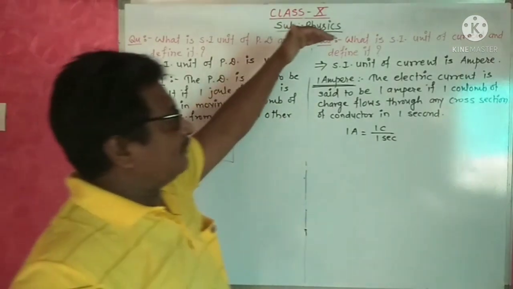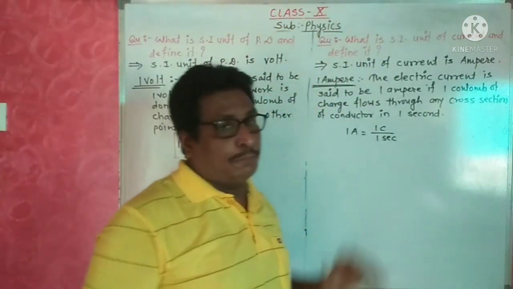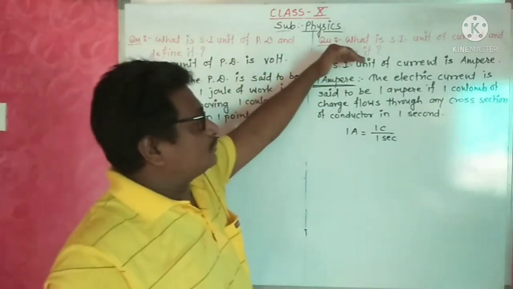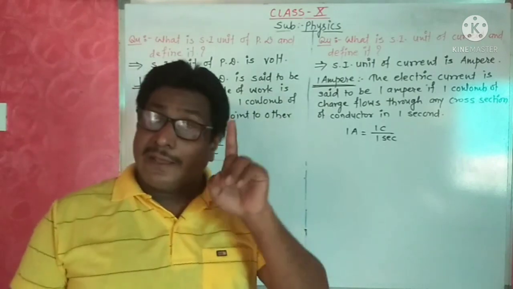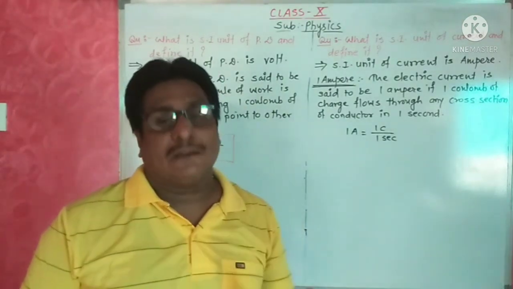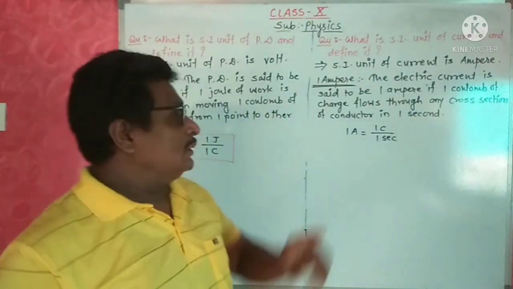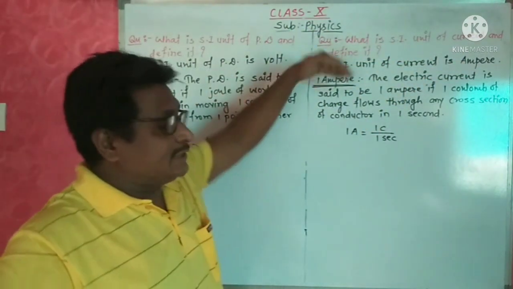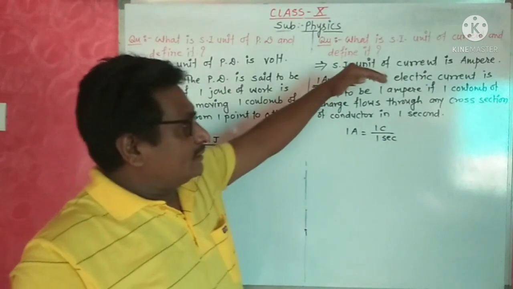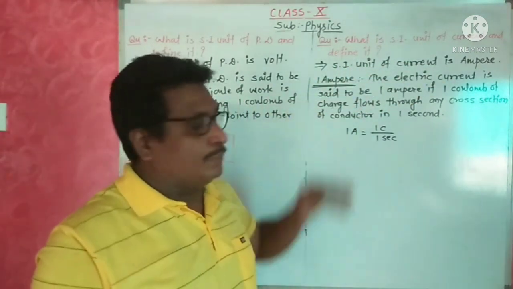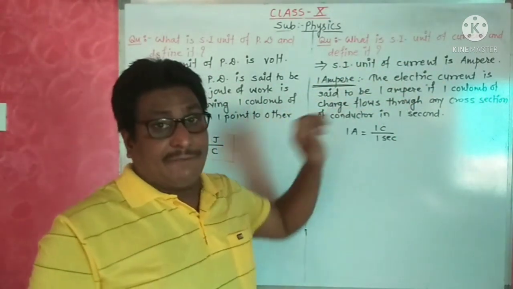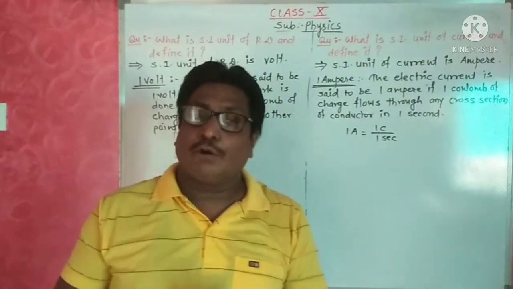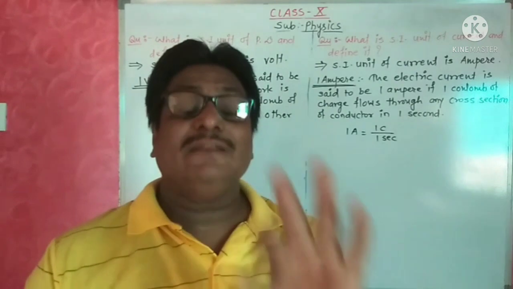Same way question it will ask, what is the SI unit of current, and define it. Means here we have to write the definition of SI unit of current, not the current. So SI unit of current is ampere. So what is the definition of 1 ampere? The electric current is said to be 1 ampere if 1 coulomb of charge flows through any cross section of conductor in 1 second.